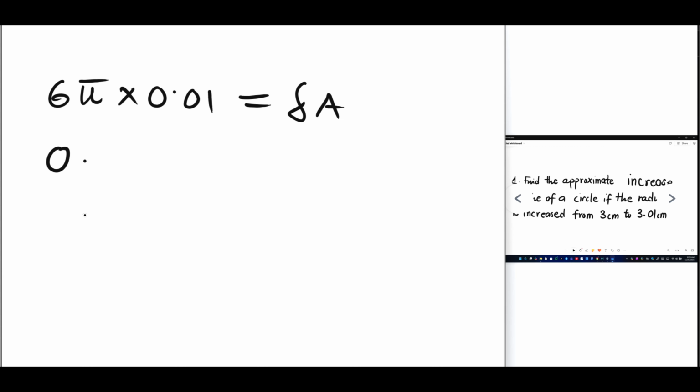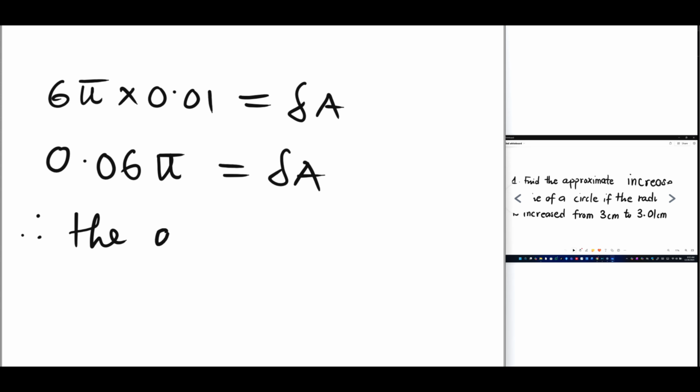So we are going to get it to be 0.06 pi. All right, and this will be the corresponding small change in the area when the radius increases from 3 to 3.01.